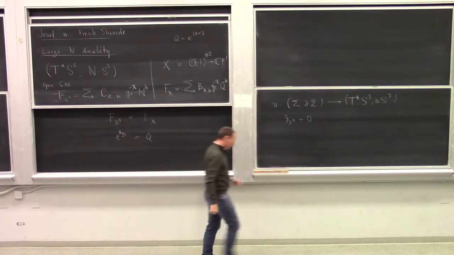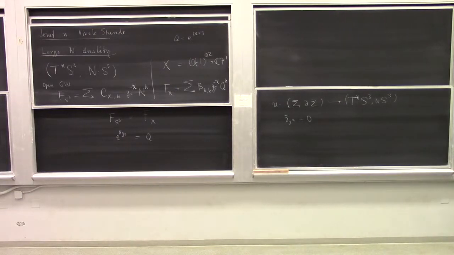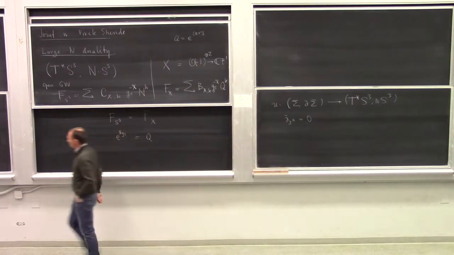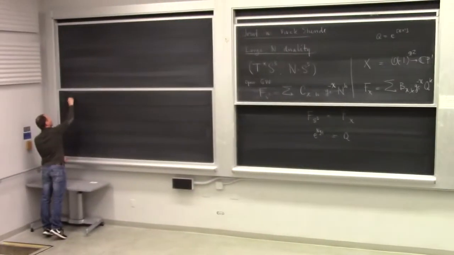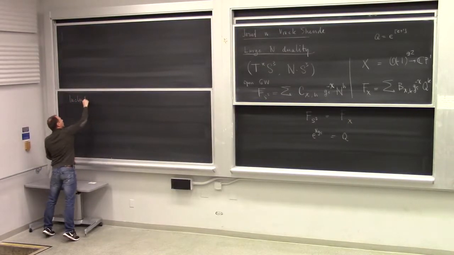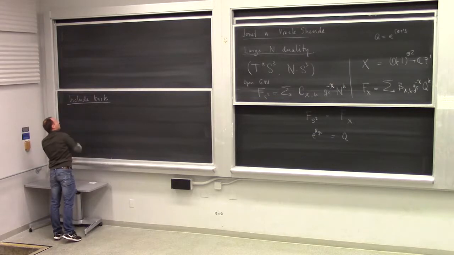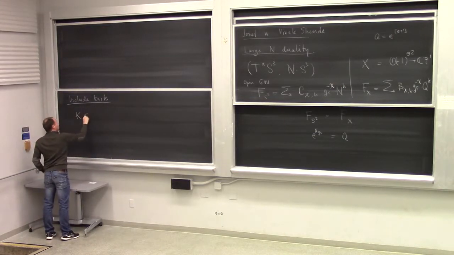And now one can do more things here. In particular, one can include some knots in this story to make it a bit clearer. So we take a knot K inside S^3.